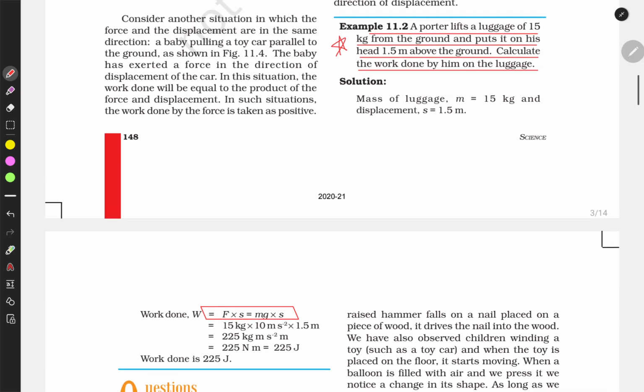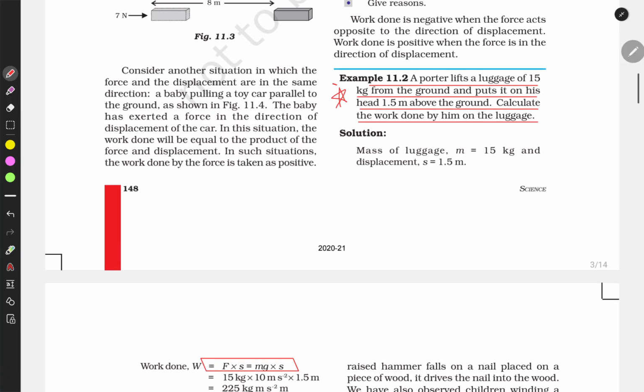And there is a numerical. A porter lifts a luggage of 15 kg from the ground and puts it on his head, 1.5 meters above the ground. Calculate the work done on the luggage. Work done is simply force into displacement.